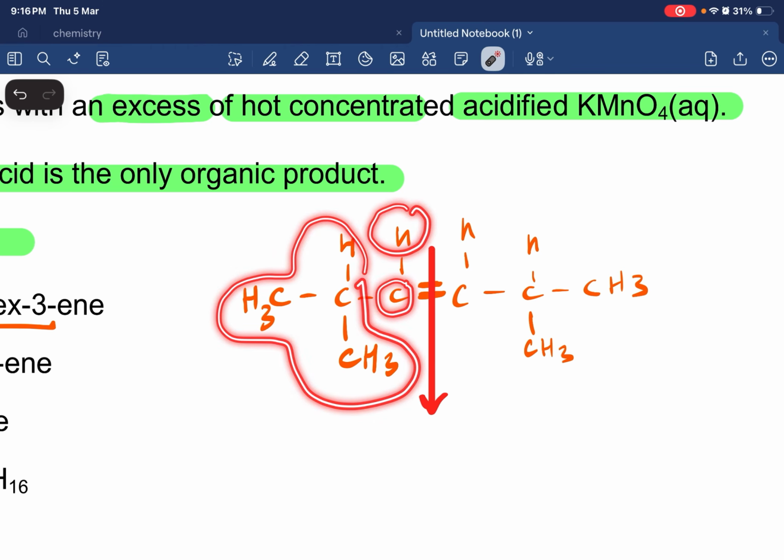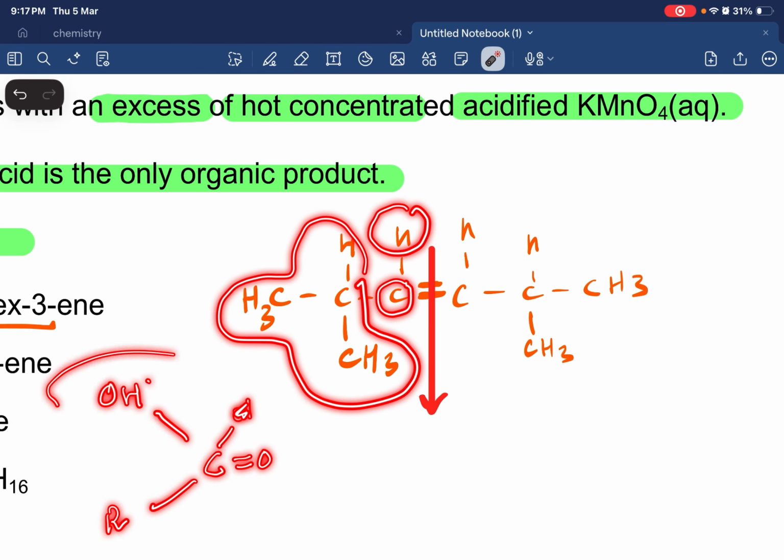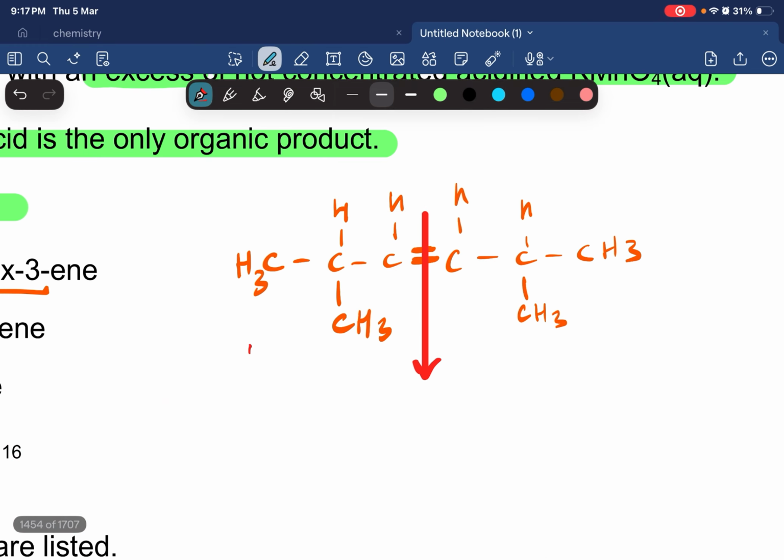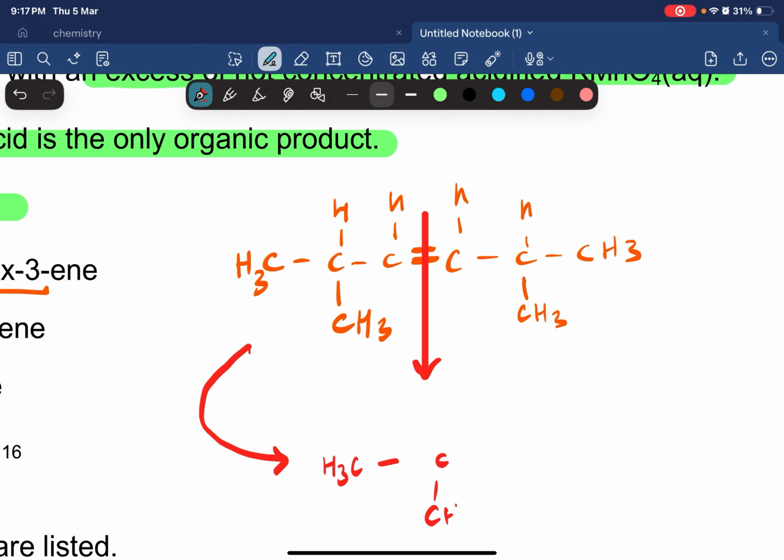When your carbon is attached to one hydrogen and one alkyl group, you form a carboxylic acid. So I'm going to form a carboxylic acid over here. What kind of carboxylic acid? H3C, C, CH3, H, and then C double bond O, OH. That's the acid I'm going to form.